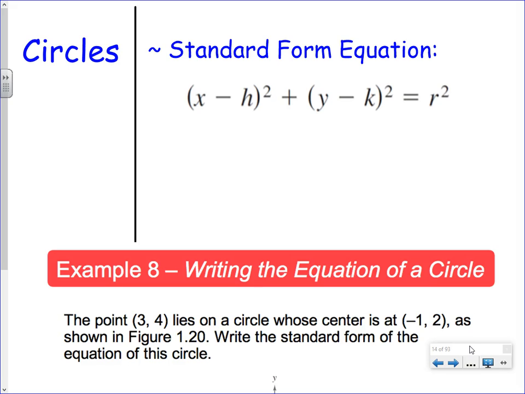So my question is, how many symmetries can any function have? 3. Up to 3. Could have 1, could have 2, could have 3. Wait, could have none. Right? What would be a graph that has no symmetry? At least it doesn't have any of those 3 types of symmetry.